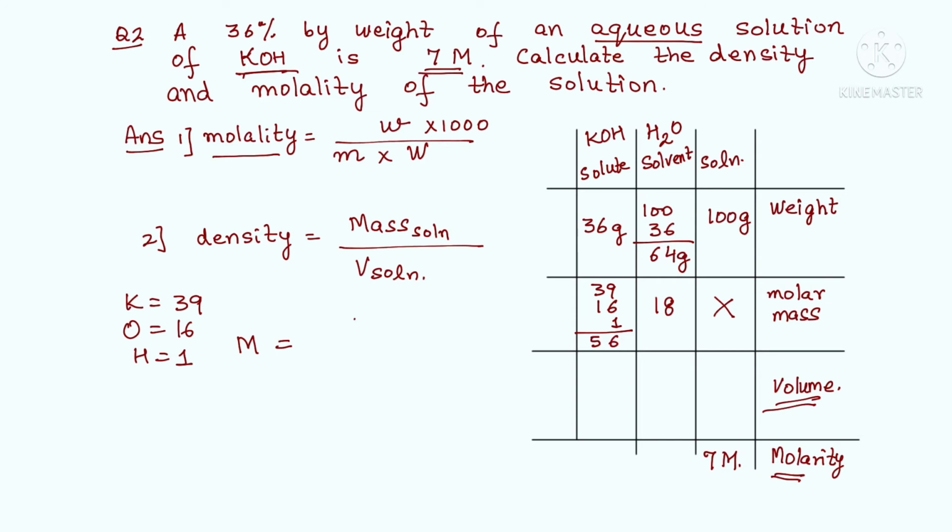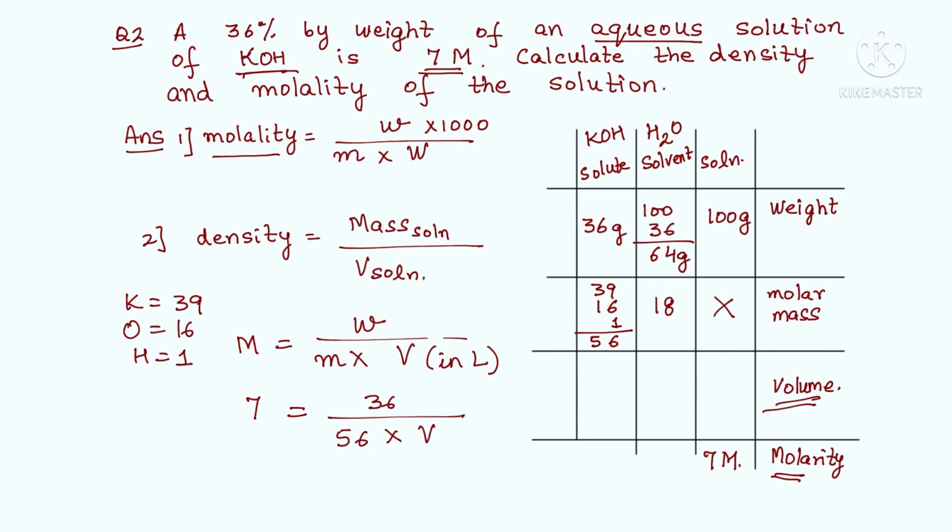The weight of the solute, molar mass of the solute divided by volume in liters, right? But volume in liters is not given to me. This is something I have to find out. Next step is I am simply going to substitute the values looking at my table: 56, volume of the solution in liters.